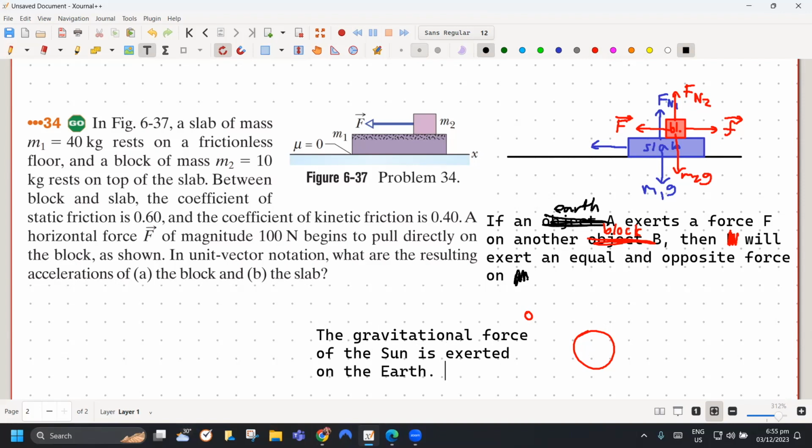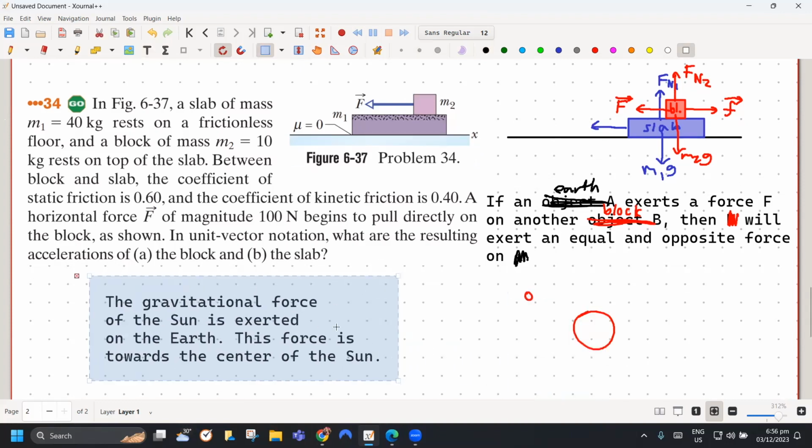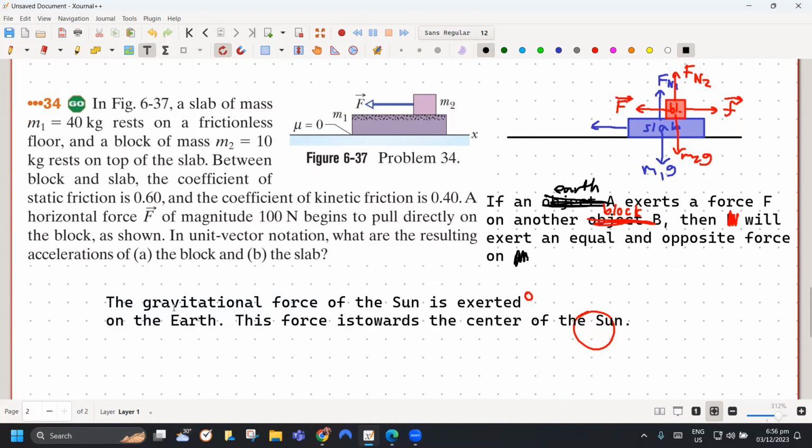This force is towards the center of the sun. Okay, from Newton's third law, so your next sentence, what can you conclude?